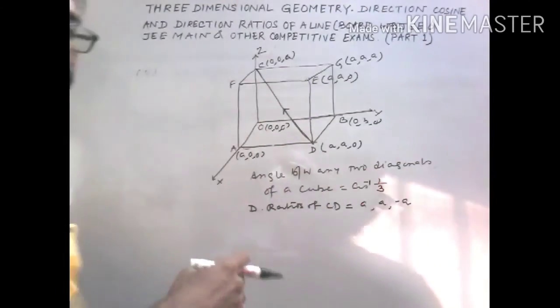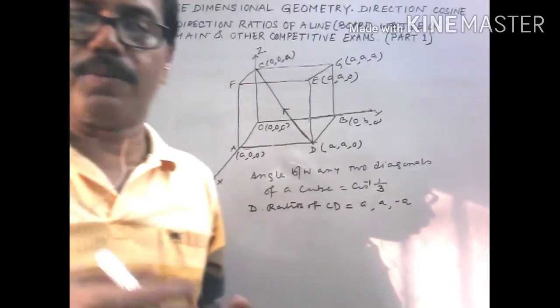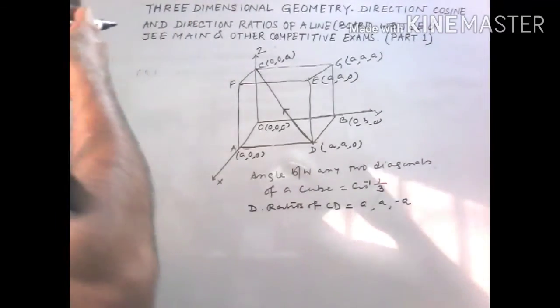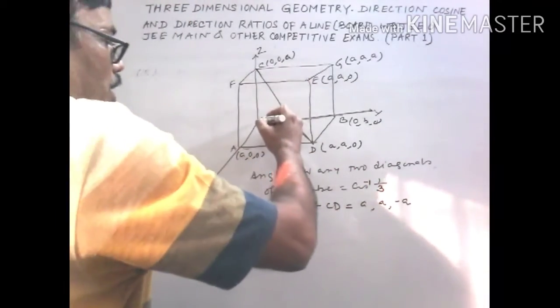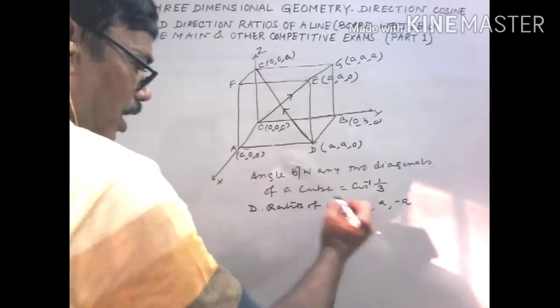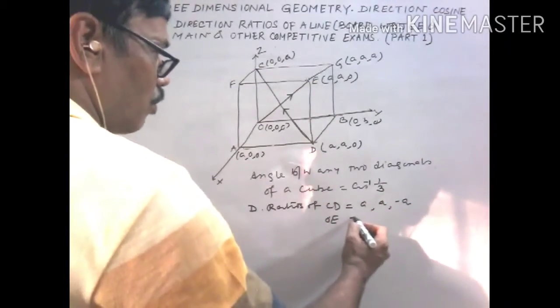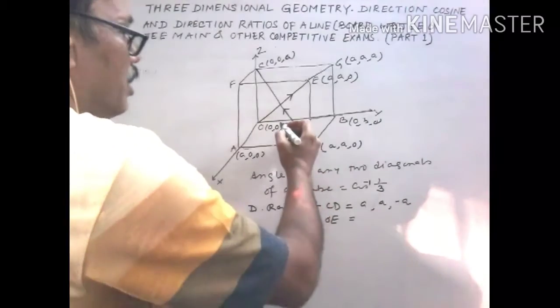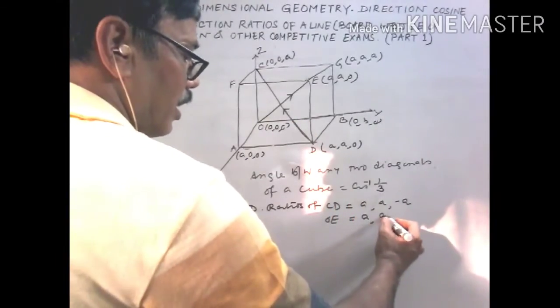What are direction ratios? Difference of coordinates is the direction ratio. Now OE is another diagonal. So the direction ratios of OE, this is a.